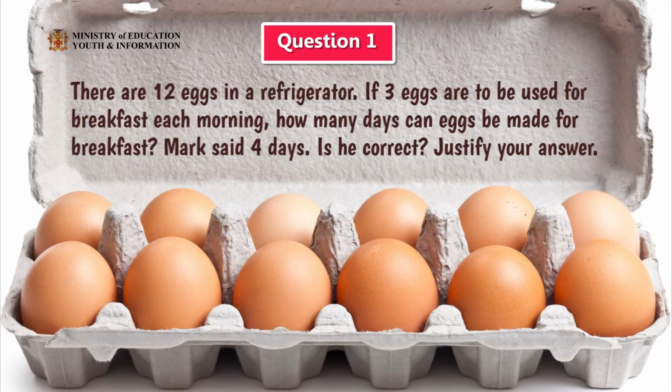Question 1 reads, there are 12 eggs in a refrigerator. If 3 eggs are to be used for breakfast each morning, how many days can eggs be made for breakfast? Mark said 4 days. Is he correct?